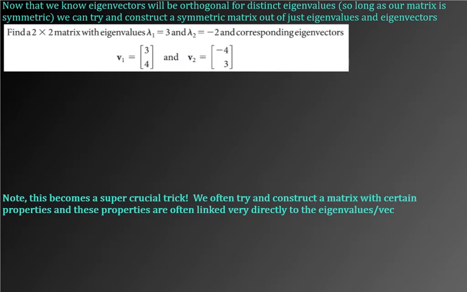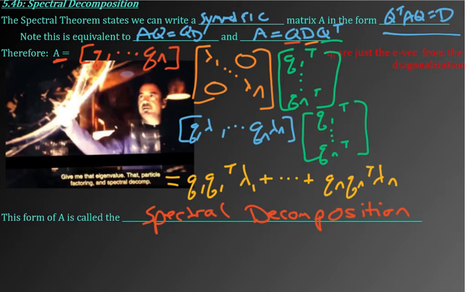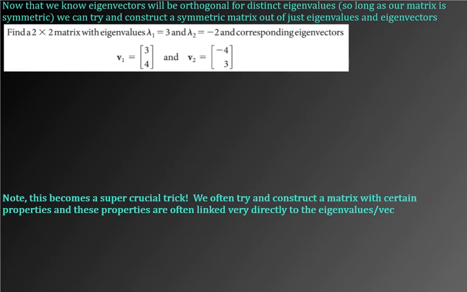And this is going to give us a technique to build up the matrix A. Remember, these Q sub i's are just eigenvectors, and lambda sub i's are eigenvalues. So if we have those, it gives us a way to build A out of eigenvalues and eigenvectors, which is kind of cool.